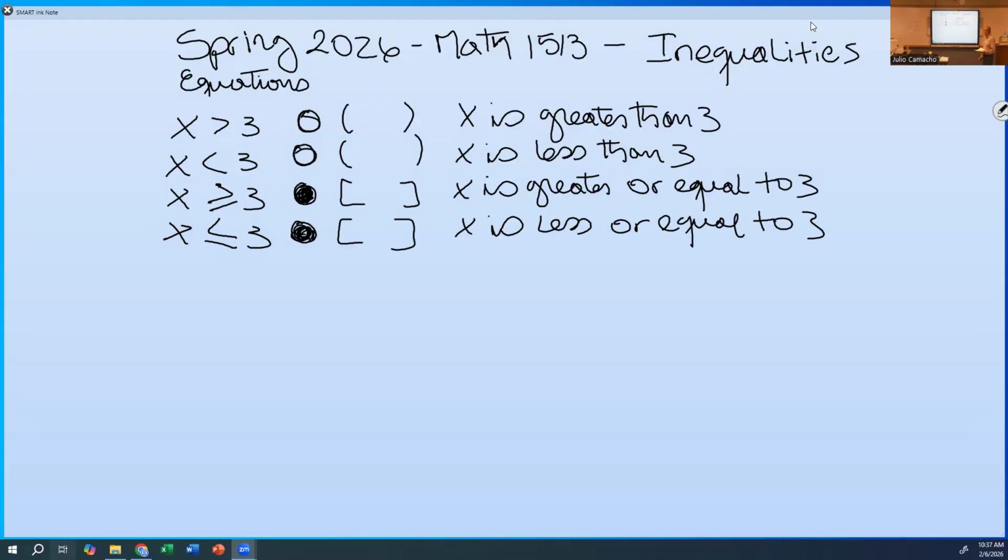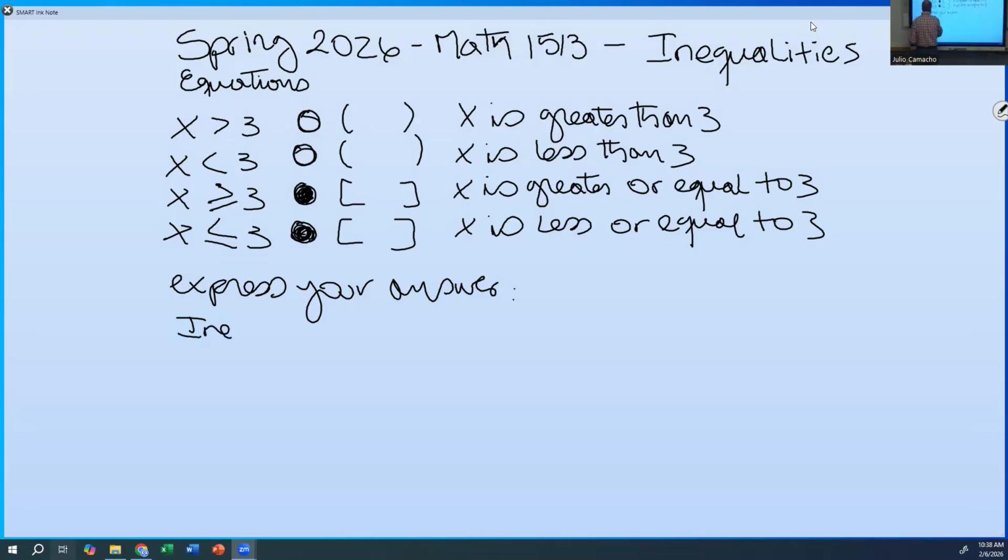Any questions so far? Remember the open and closed circles and the brackets and parentheses for graphing, which is also for interval notation, because they will ask you to express your answer in inequality notation.